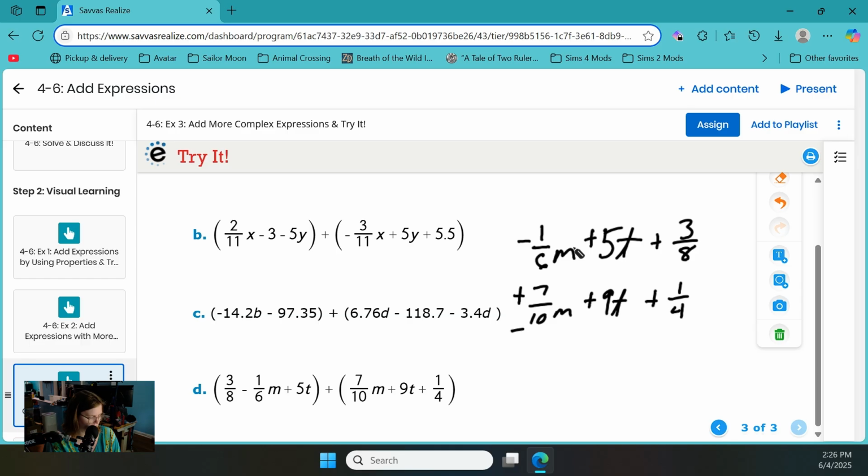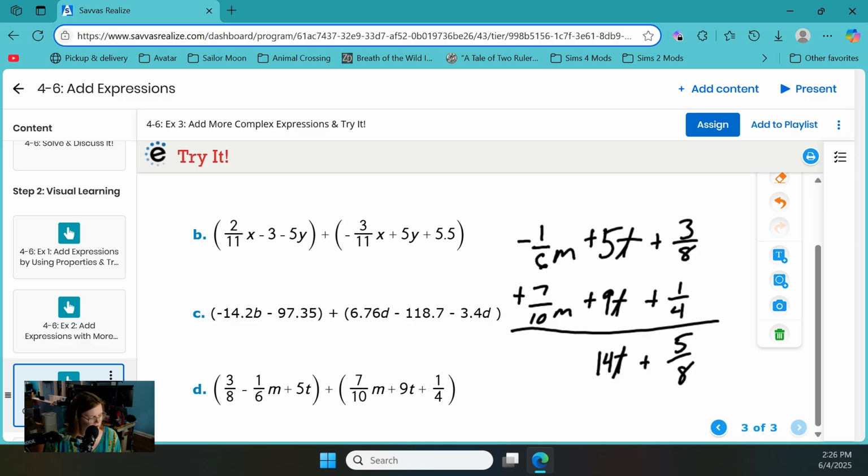And now I'm just going to treat this like regular addition. So 3/8 plus 1/4. You can use a calculator if you want. I have a little bit of a brain fog today, so I am going to be using a calculator. That would be 5/8. 5t plus 9t would be 14t.